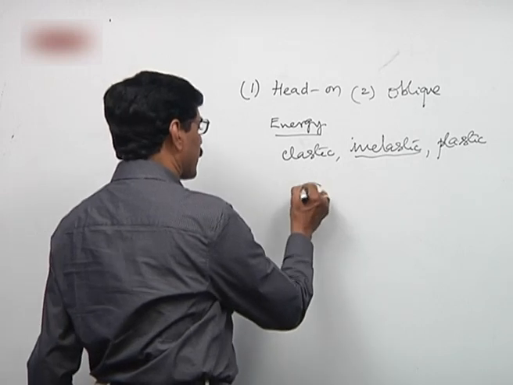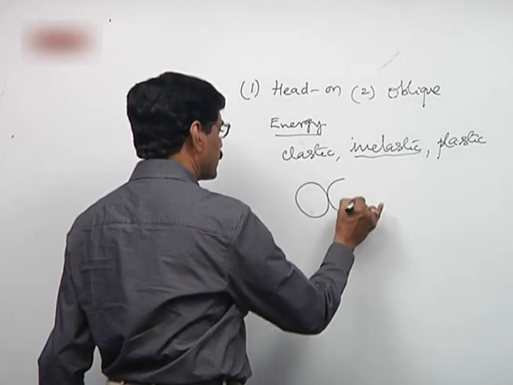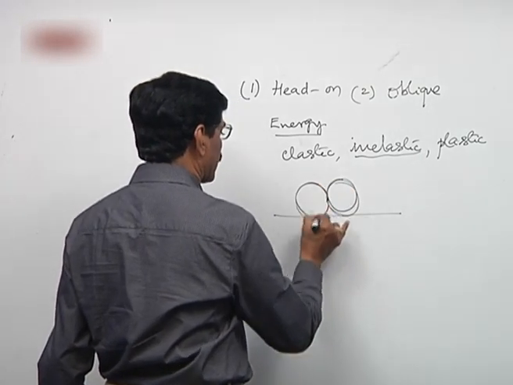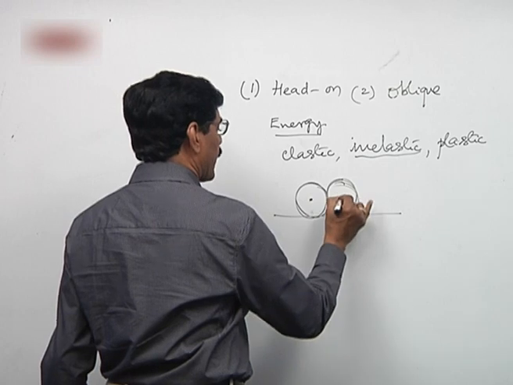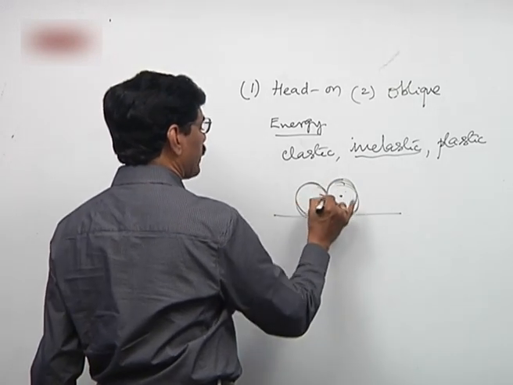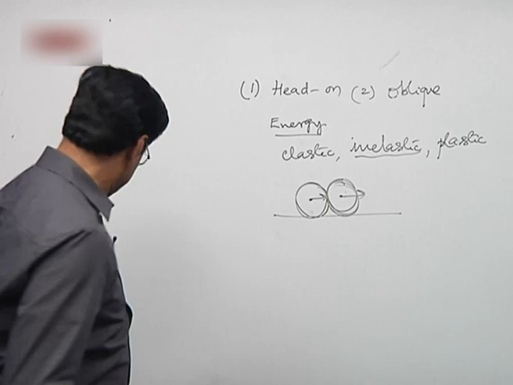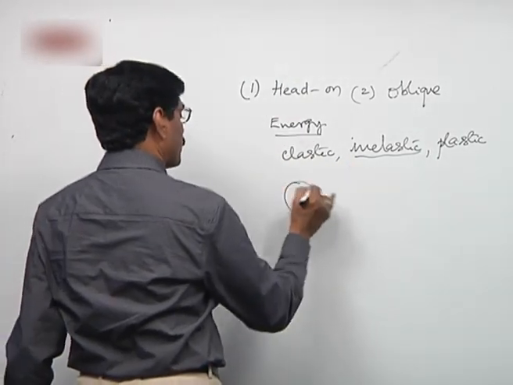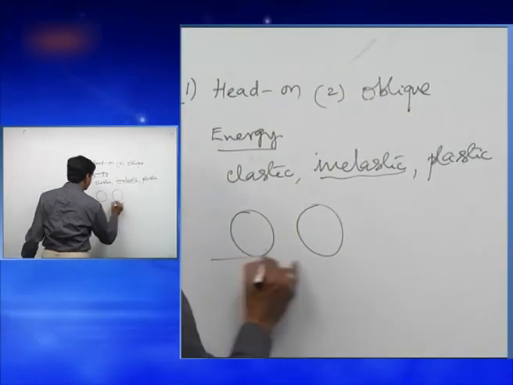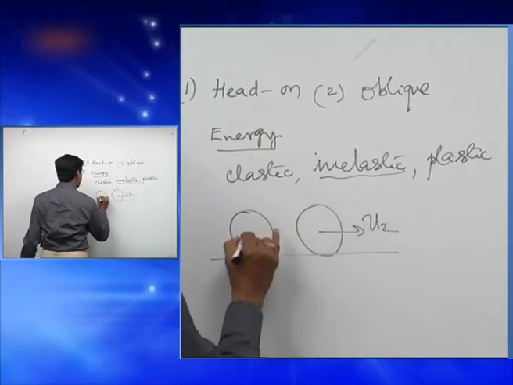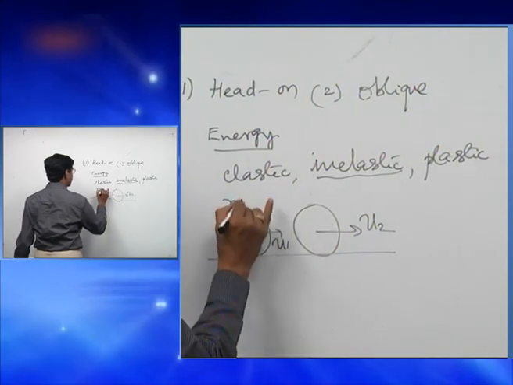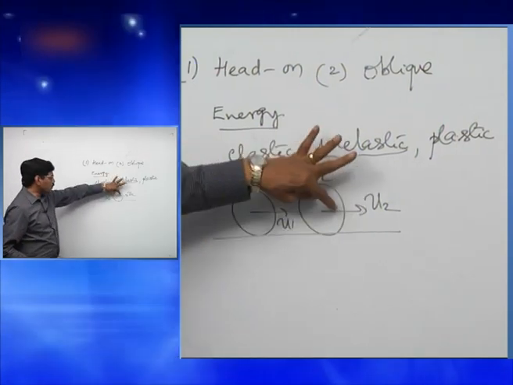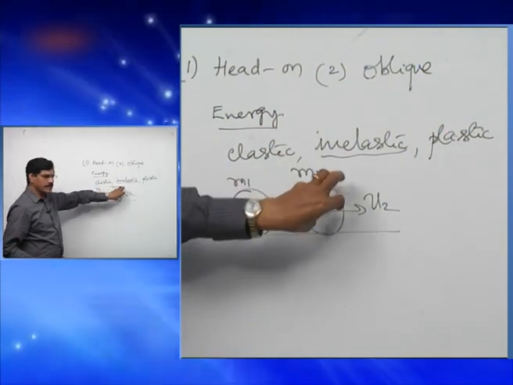So what is head on and oblique? Say for example, two spheres are going along a straight line on a horizontal path, this may be at rest, this may be moving, initially moving towards the right. This is one sphere, this is another sphere, u2 velocity, u1 velocity, masses are m1 and m2. Now, if u2 is less than u1, this sphere is going to hit the other.